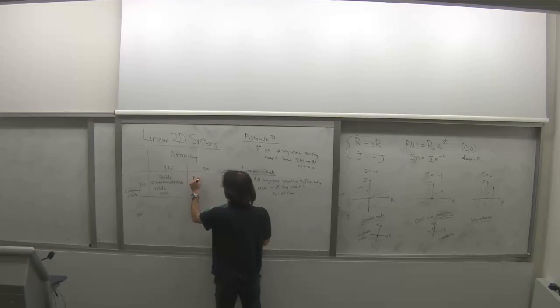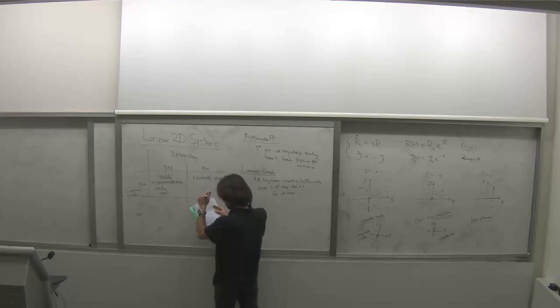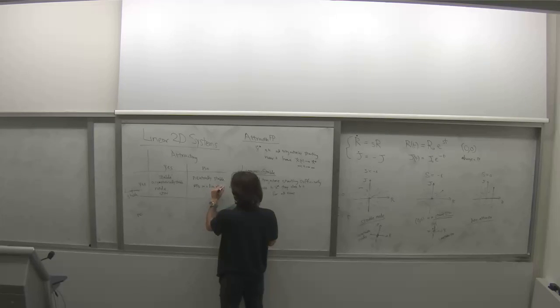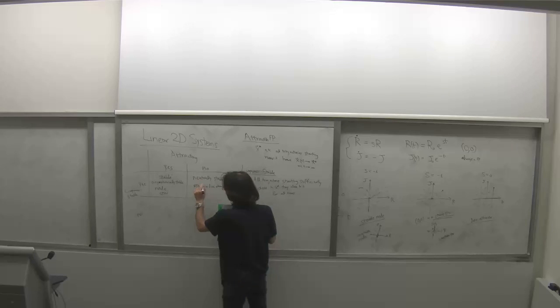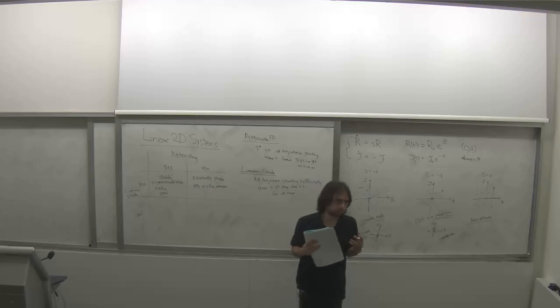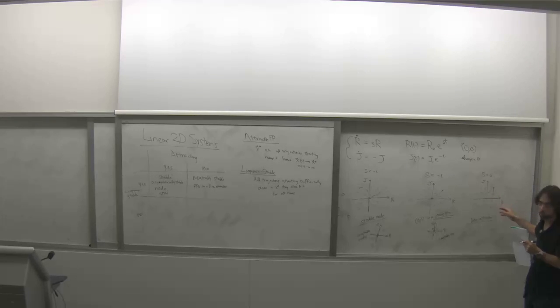And we call these neutrally stable. Fixed points in a line attractor are neutrally stable. The line attractor itself, the line as a line, is actually stable. It's not neutrally stable. The fixed points inside it are neutrally stable.